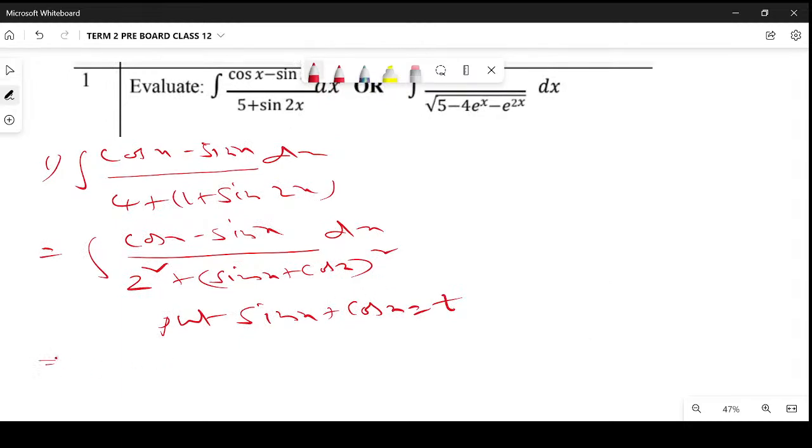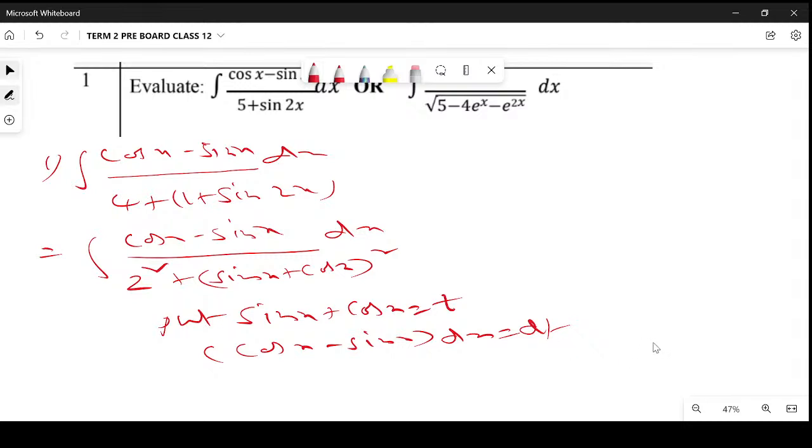Then if we differentiate, what is the derivative of sin x? cos x. And the derivative of cos x is minus sin x. So cos x minus sin x dx is equal to dt. It comes like this, right?